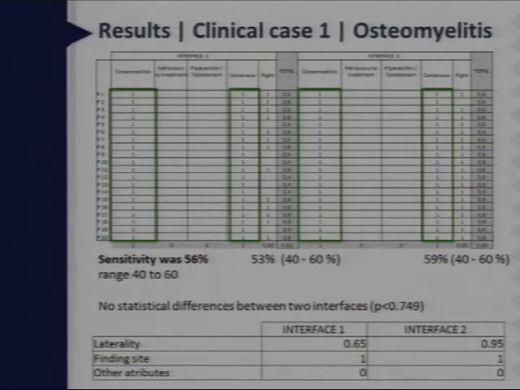But if you take into account the laterality, you can see that in interface 2, about 95% select the laterality as an important consideration when they are creating a problem, but only 65% in interface 1 select that the laterality of the disease was important to document.